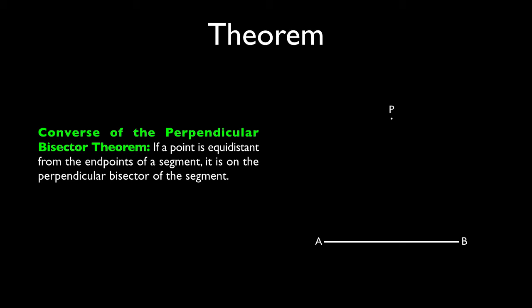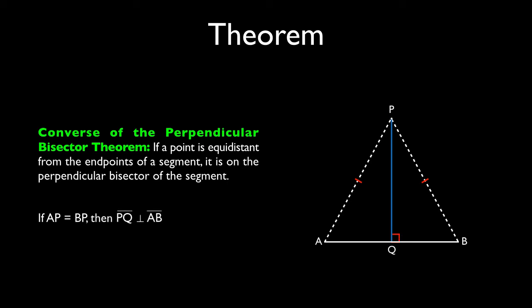So in other words, if segment AP and segment BP are congruent, or those distances are equal, then segment PQ is perpendicular to segment AB, and segment AQ is congruent to segment BQ.